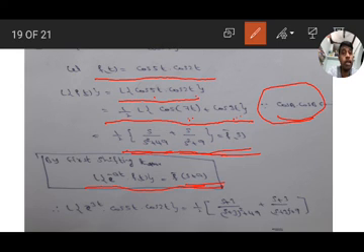So we get the answer: L of e to the power of minus 3t cos 5t into cos 2t is 1 by 2 into (s plus 3) by (s plus 3) whole square plus 49 plus (s plus 3) by (s plus 3) whole square plus 9. This is the answer. Okay, next.